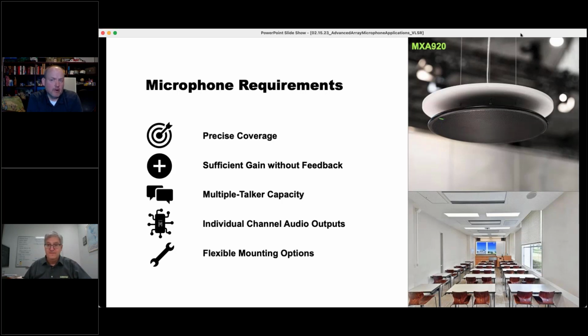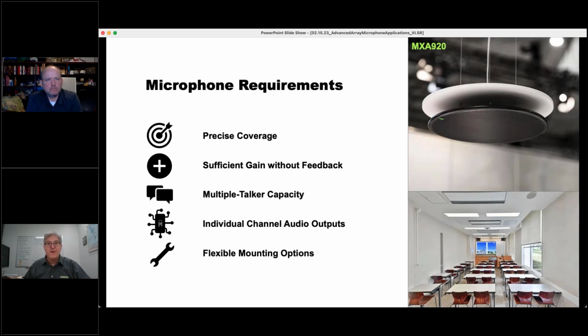So on the MXA 920, we would take it out of our automatic coverage mode and make sure it's in that steerable mode, because we would never want a mic to open underneath one of those loudspeakers. Essentially, exactly. That's what it comes down to, right? Yep. And that precision coverage is how you're going to deliver sufficient gain before feedback without picking up yourself from the loudspeakers.